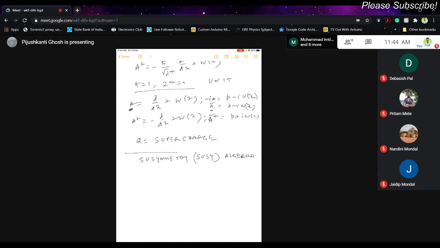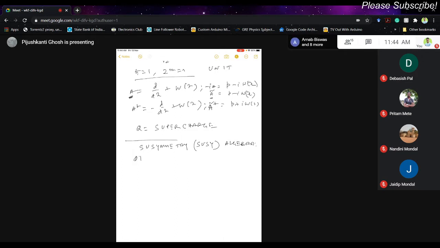So whatever algebra I'm going to write here: if you want to write down the supersymmetric algebra in 3 space 1 time dimensions, it is complicated, meaning very lengthy. Here we consider it for 0 plus 1 dimensional field theory.